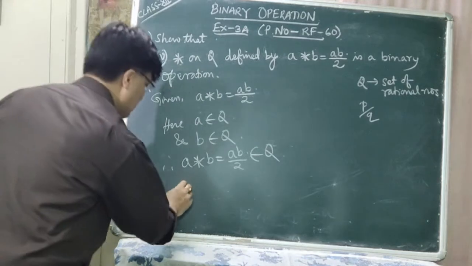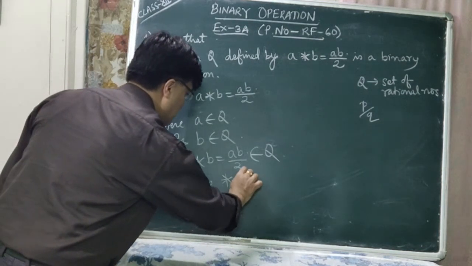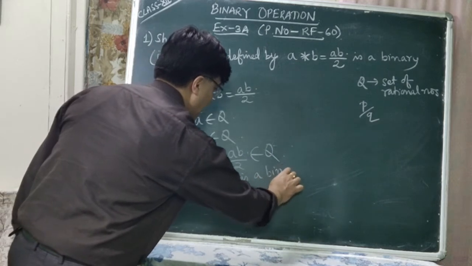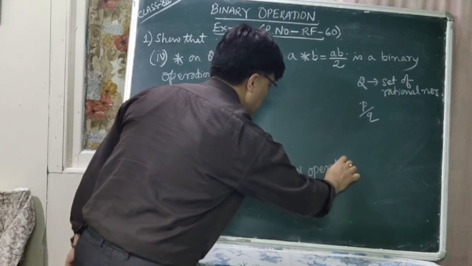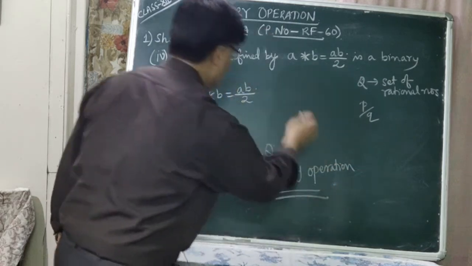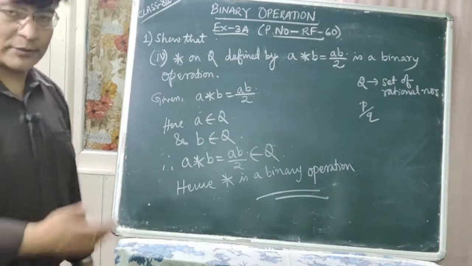So hence star is a binary operation. So it is proved. I think you have understood it.